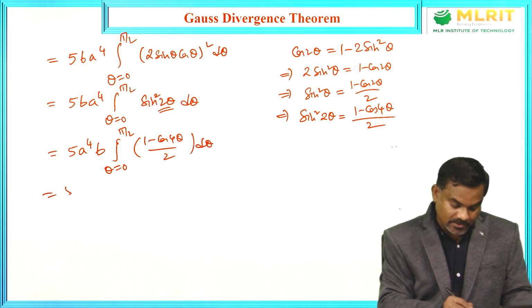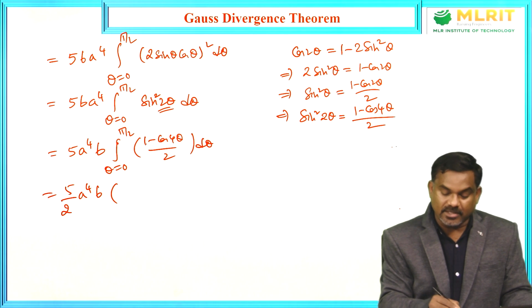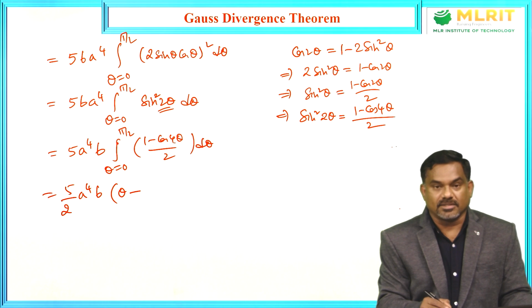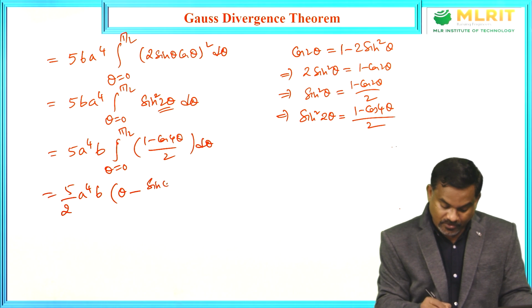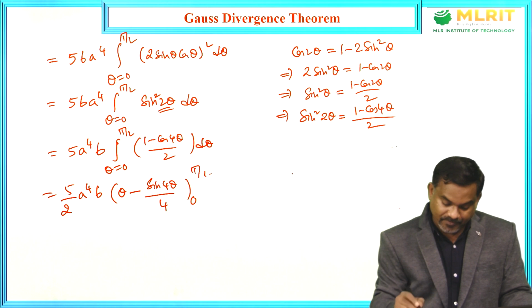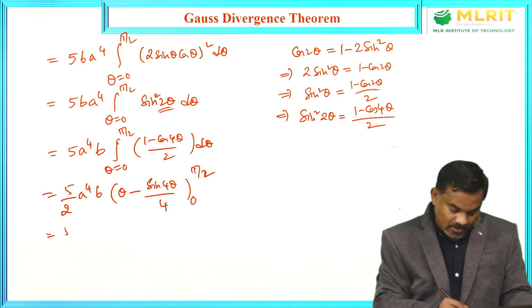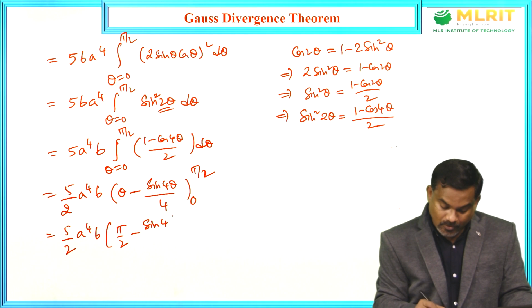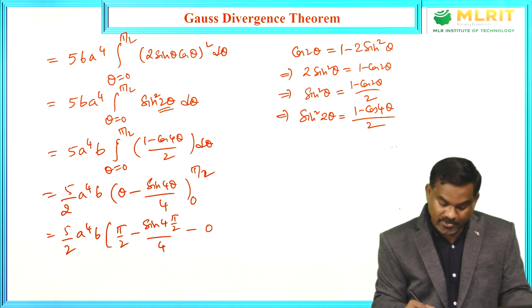So this is 5 by 2 a power 4 b. Now integral d theta is theta minus integral cos is sin, so sin 4 theta by 4, from 0 to pi by 2. Now applying the limits, we get upper limit is pi by 2 minus sin 4 pi by 2 by 4, minus lower limit is 0.